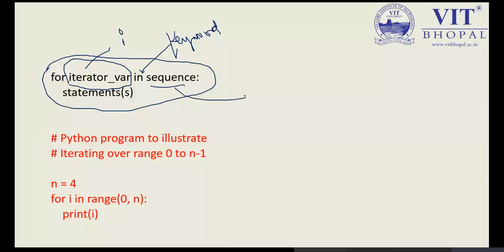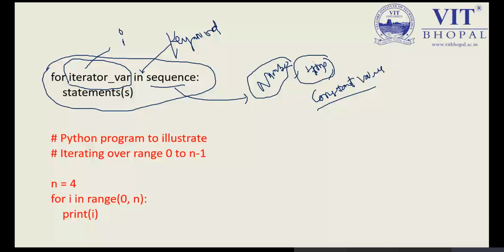This sequence could be in any form, like any number, any string, any constant value as well. It could be a number or string variable, a number constant or string constant.